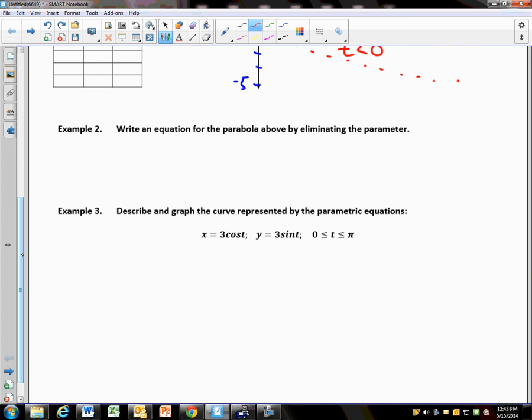It says write an equation by eliminating the parameter. So we have x equals t squared minus 3t, and we have y is equal to t minus 1. If we want to eliminate the parameter, what is the extra variable that we want to go away? We want t to go away. If we want t to go away, we need to solve for t. So y plus 1 is equal to t.